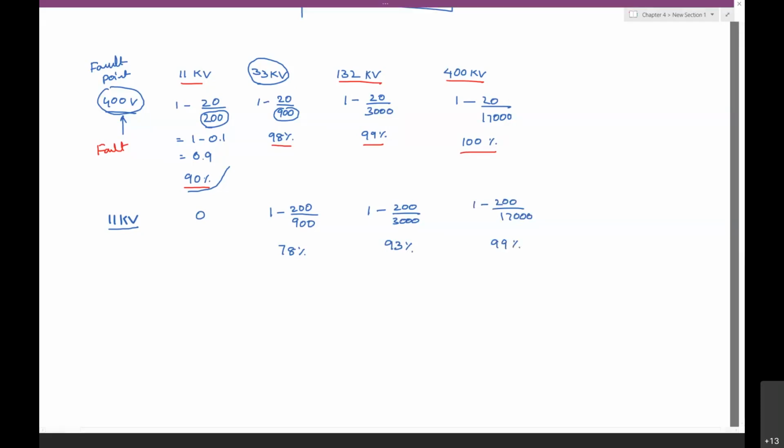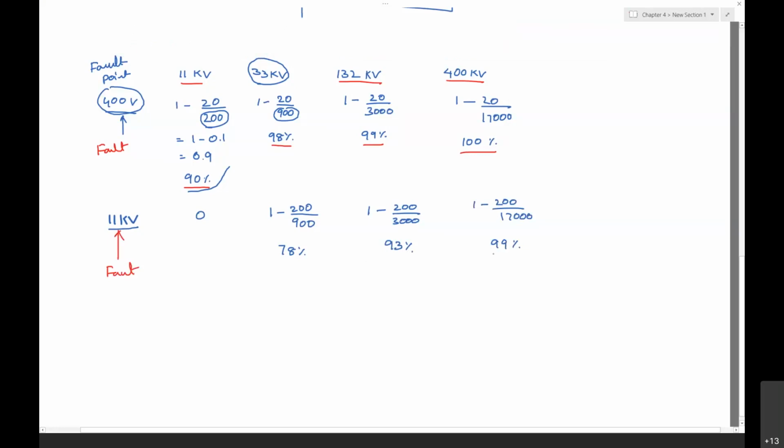Okay. With this, it is understood that the impact at a higher voltage level is very less. When you compare with 17,000 MVA, the fault level MVA is a very small percentage share.